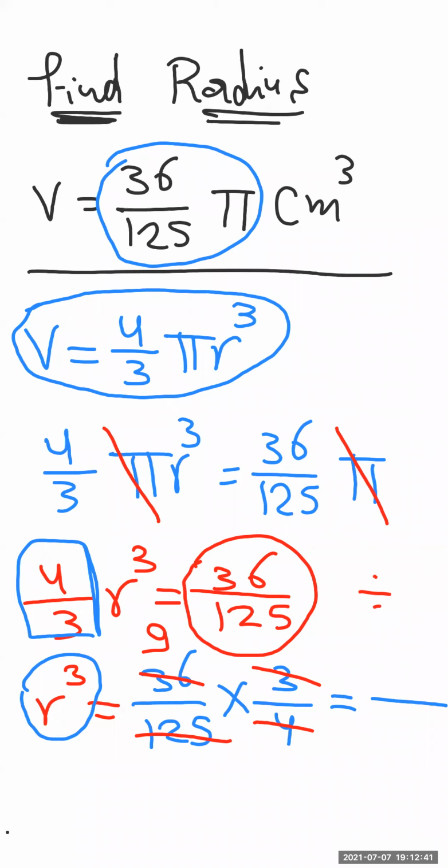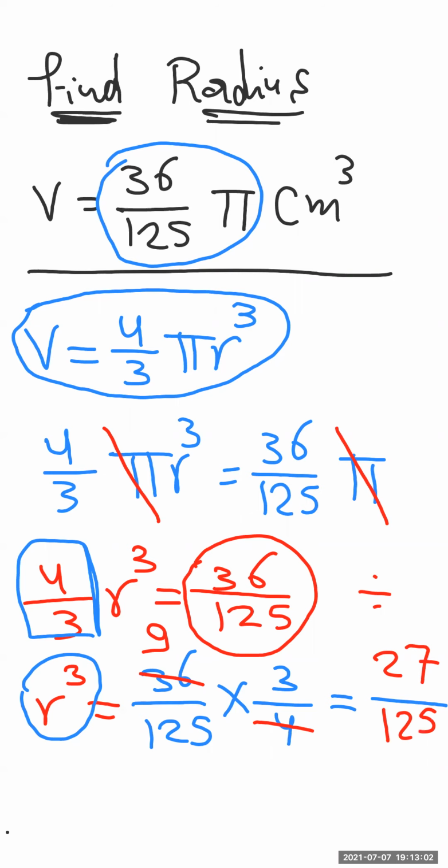No. Just 1 second to check. We will keep it like this because it's not divisible by 3. So 3 times 9 equals 27 and over 125.